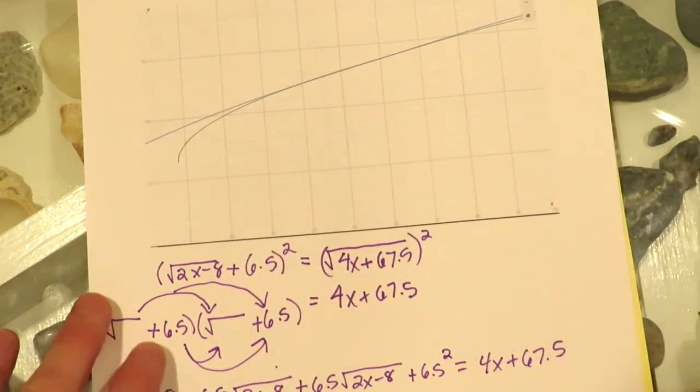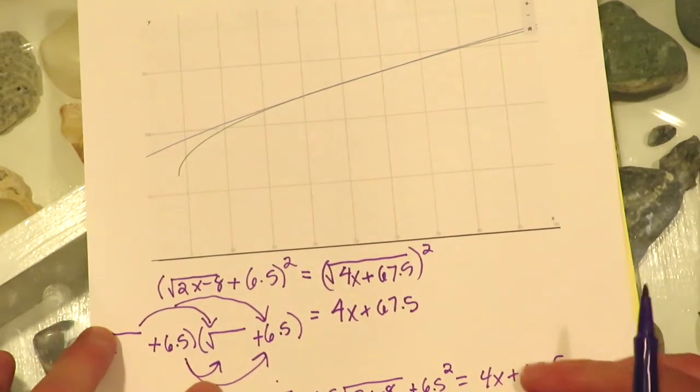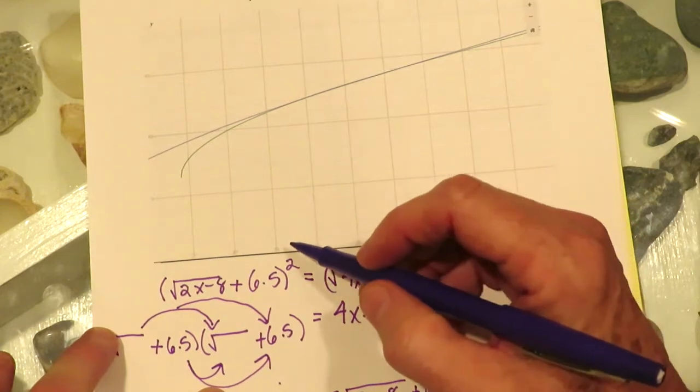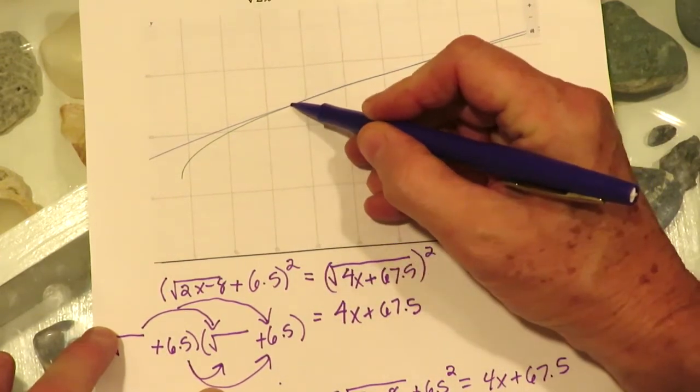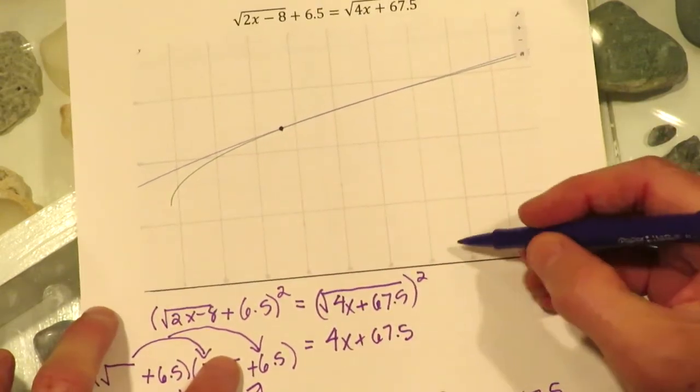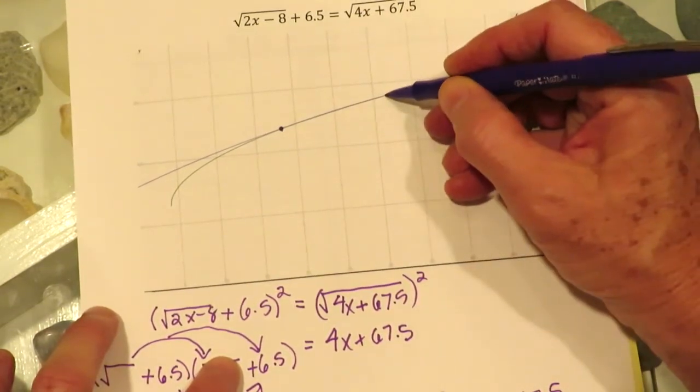Now my graph doesn't exactly show that. One was 19 point something, so that would be about right here. And the other was 32 point something, so that would be about right here.